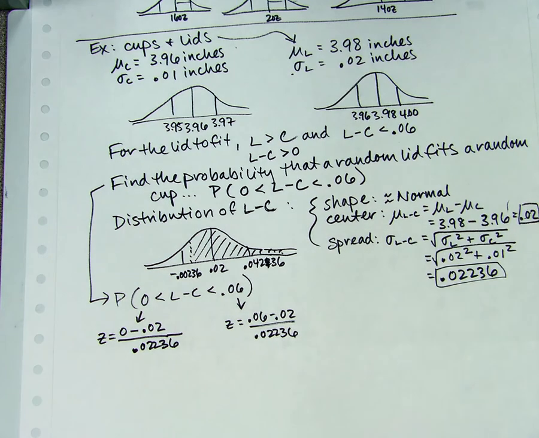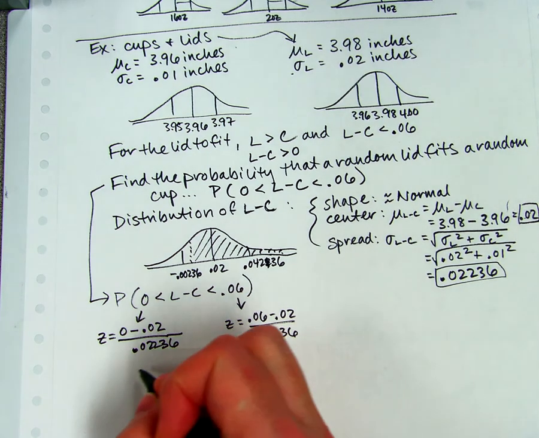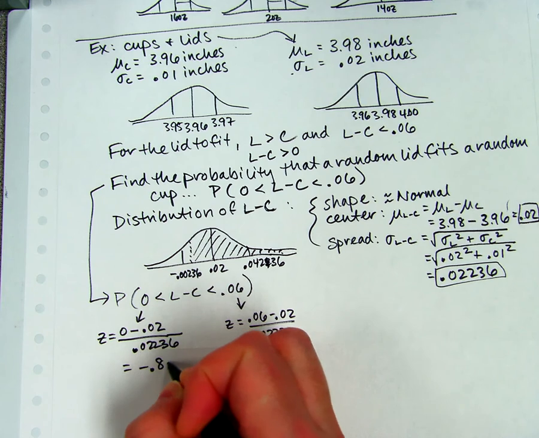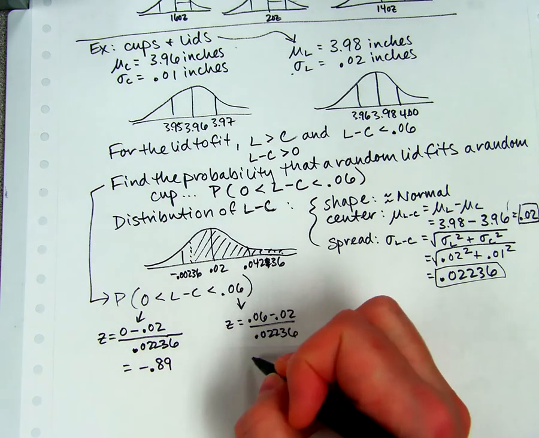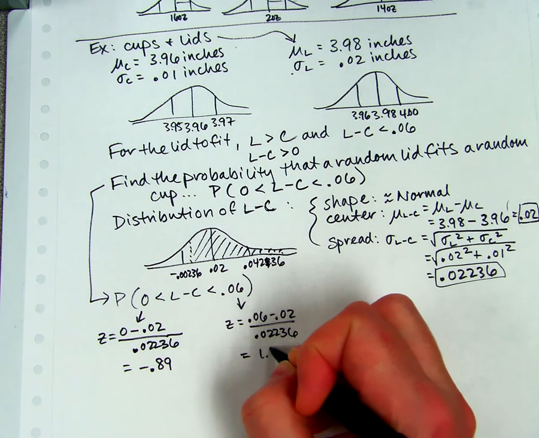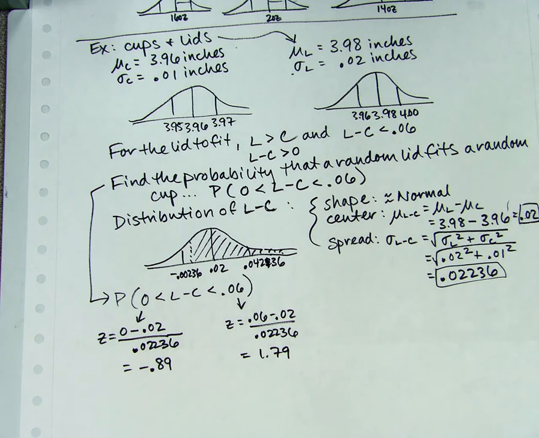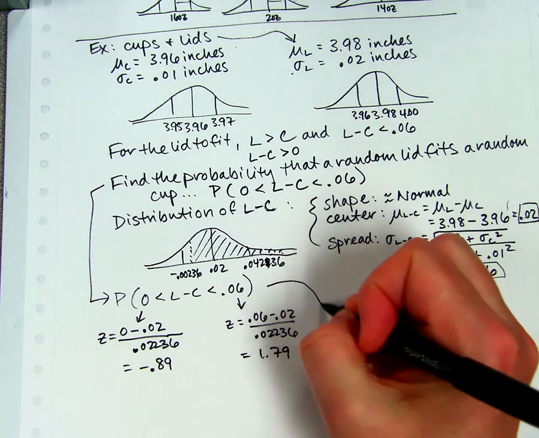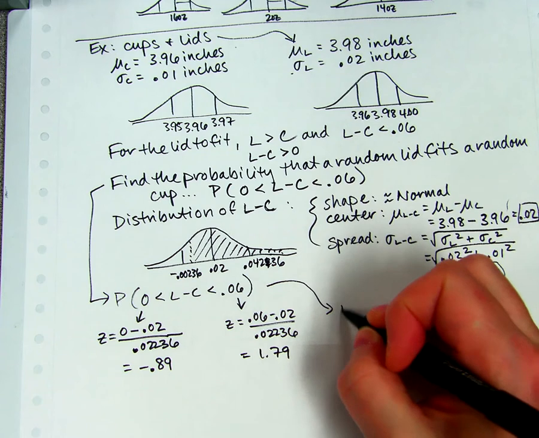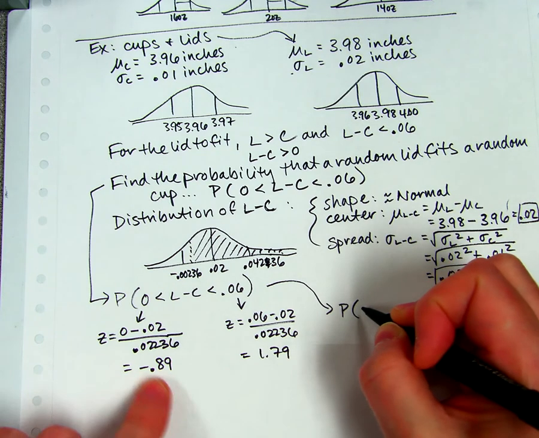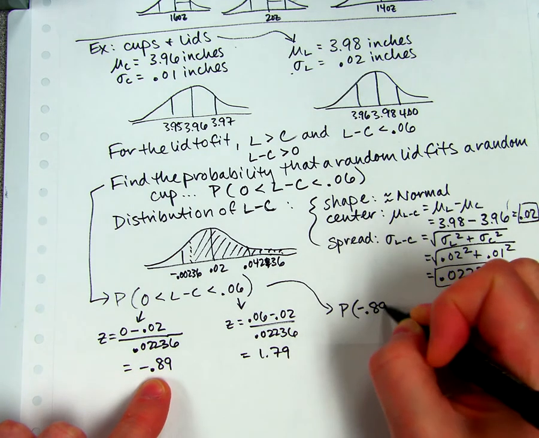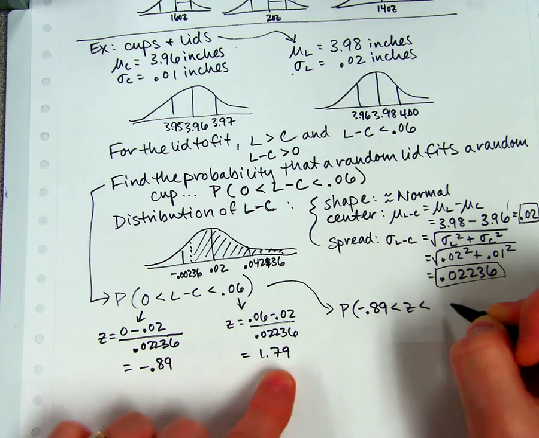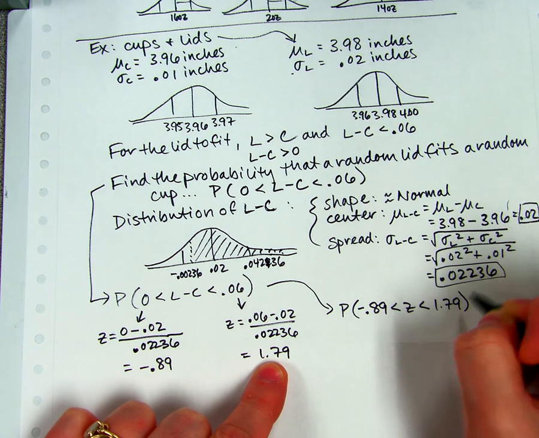So when I calculate that, I get negative 0.89. I feel like I could round at this point and that would be fine. And this Z is 1.79. And I need to know the probability that Z is between those two values. So let's come over here and I'm going to find the probability that Z is between negative 0.89 and 1.79.